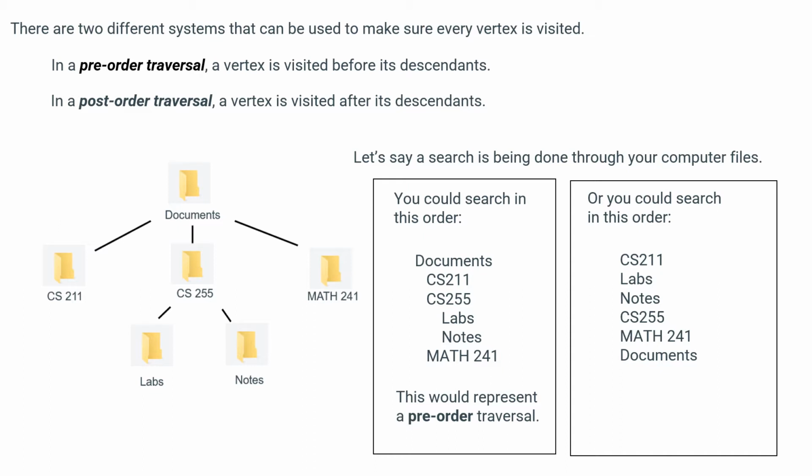We'll search there. Then we'll go up and search in CS255. And then we'll go on to the right to Math 241. And then eventually, at the very end, we'll search in Documents. So that would be considered a post-order traversal, because each vertex was only visited after all of its descendants were visited.